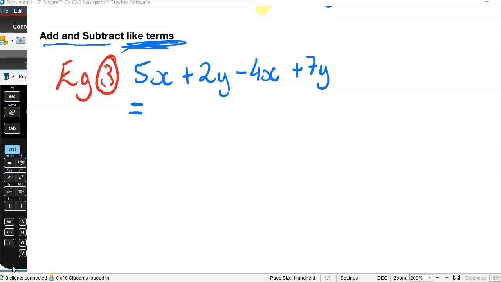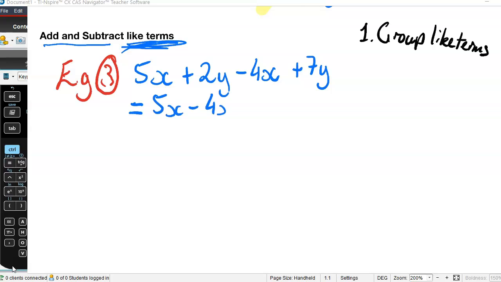I might write that at the side here. Step 1. Group like terms. Okay. So we've got 5x take away 4x plus 2y plus 7y.